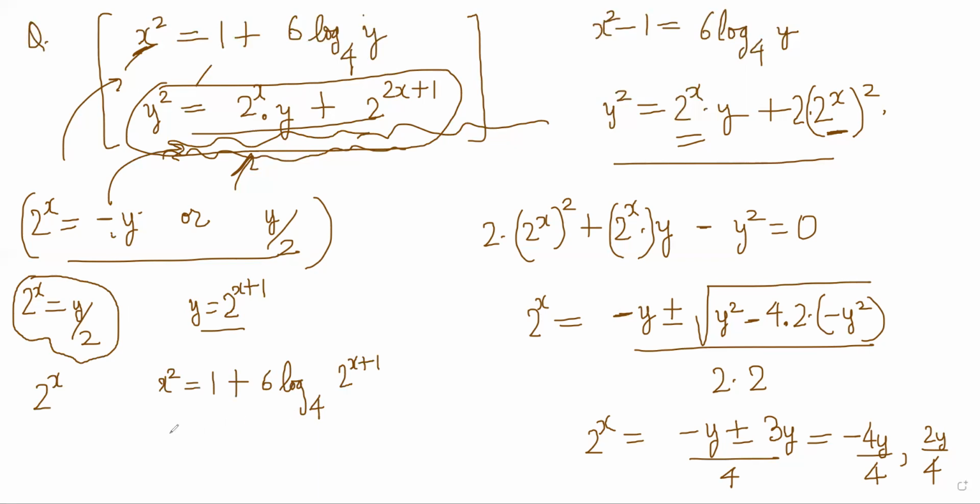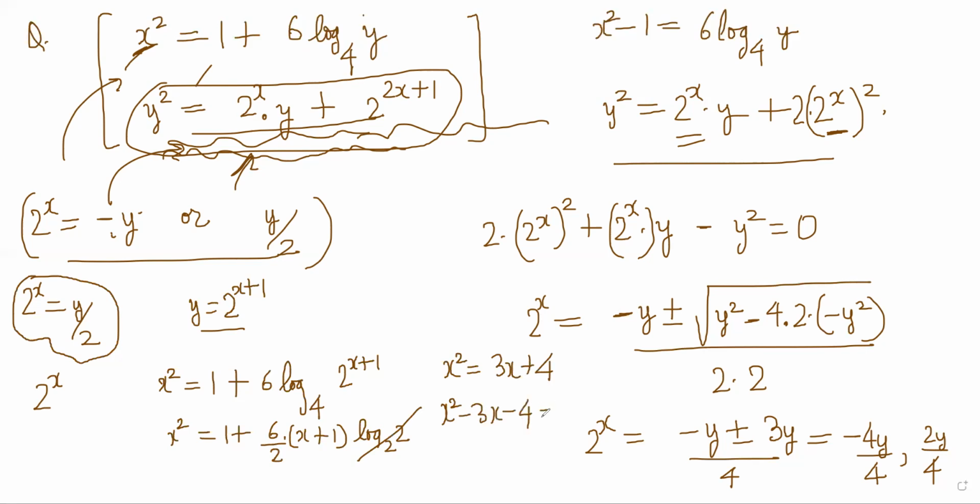So this will become x square is equal to 1 plus 6 by 2 multiplied by x plus 1. So you're getting x square is equal to 1 plus 3x plus 3, so 3x plus 4.